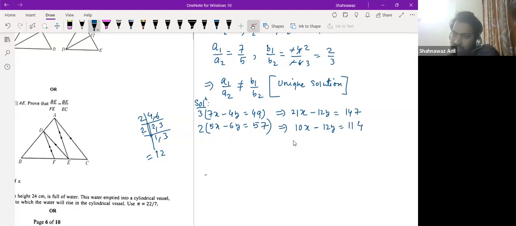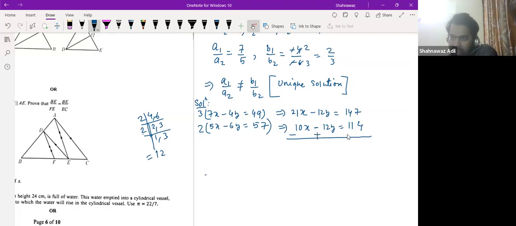So this is this thing. So you can tell me whether we should add or subtract these two equations. What should we do? Subtract them. So we subtract them.